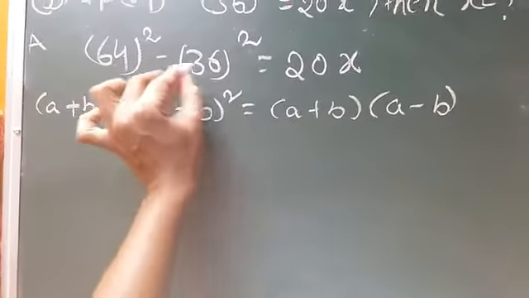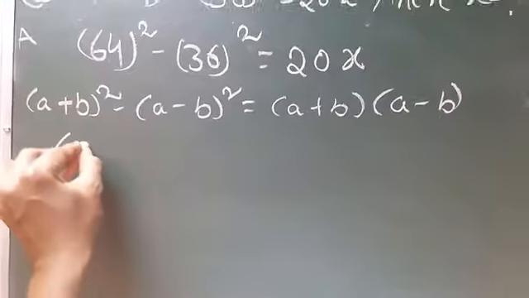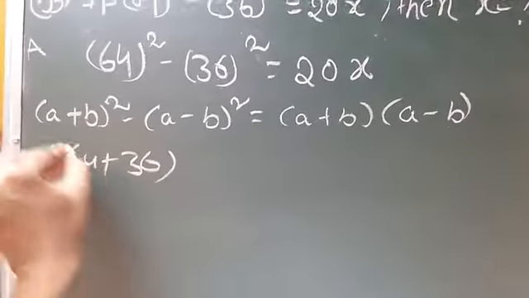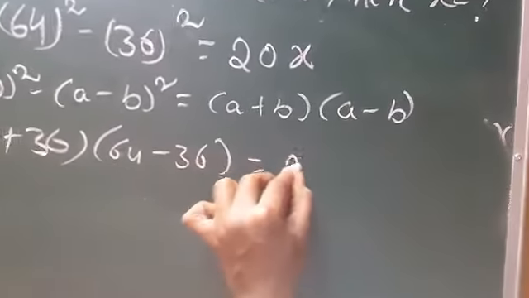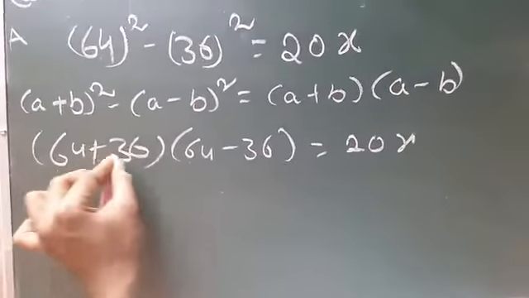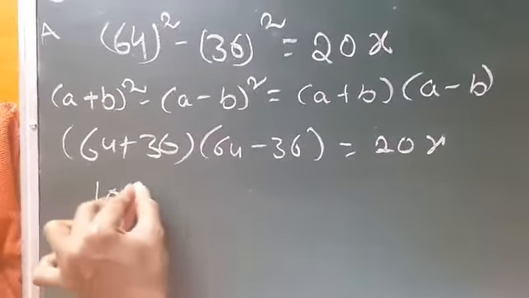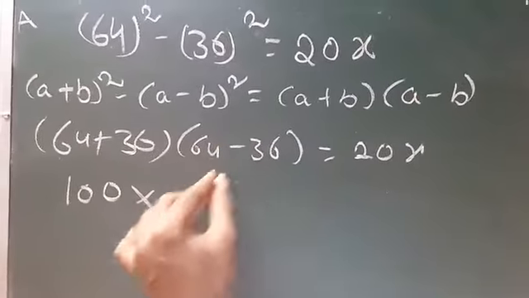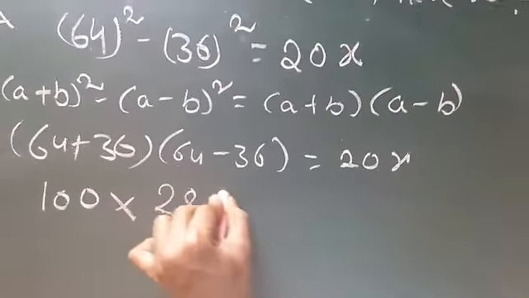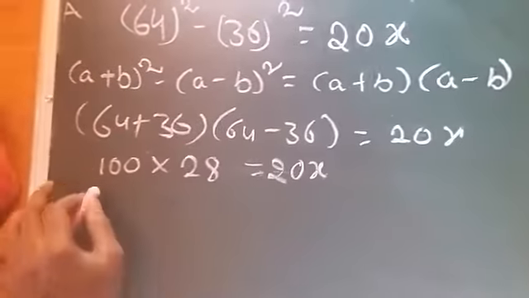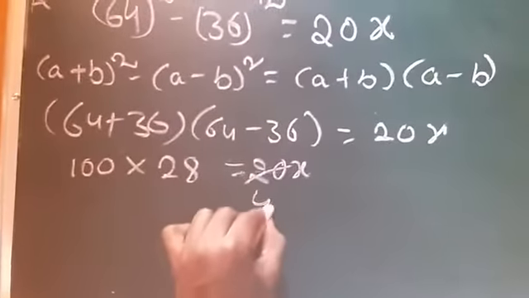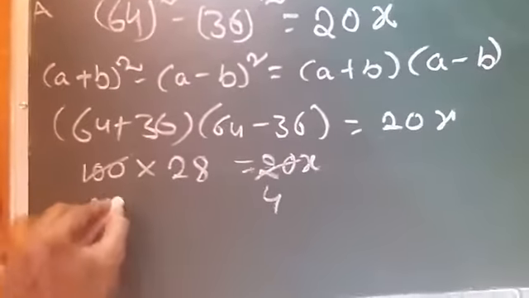Let us substitute in this formula. (64 + 36)(64 - 36) is equal to 20x. 64 plus 36 is 100, into 64 minus 36 is 28, that is equal to 20x. Cancel the terms which are divisible. 5 4s are 20, 5 20s are 100.